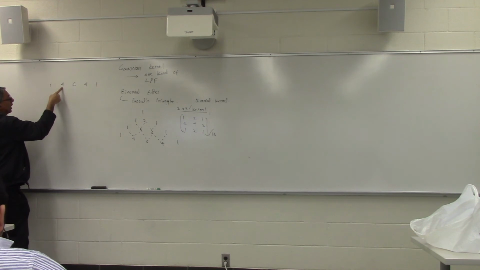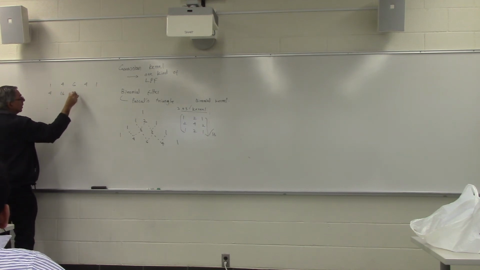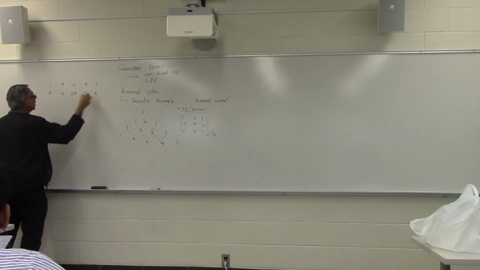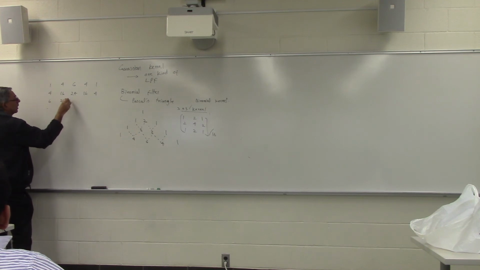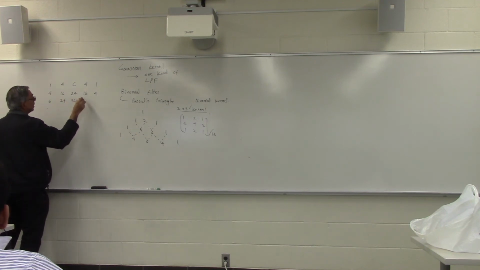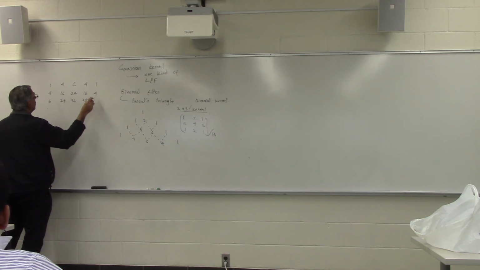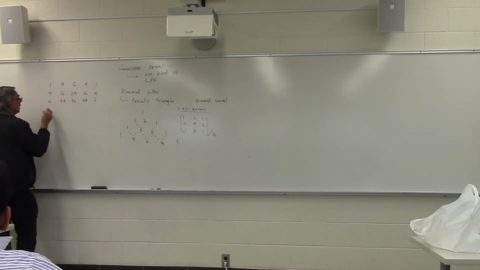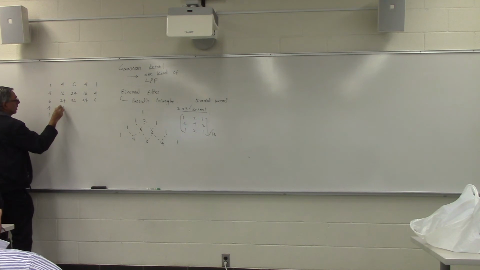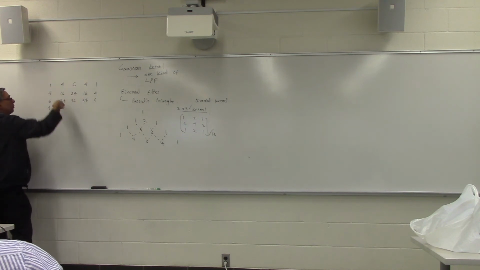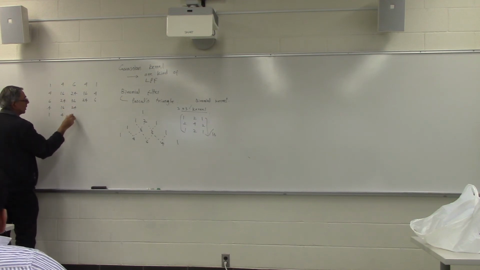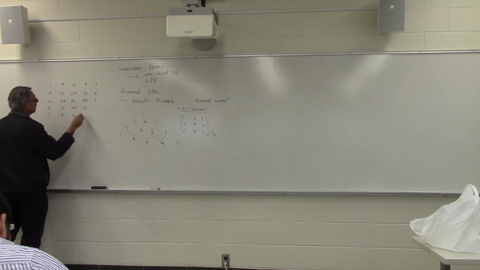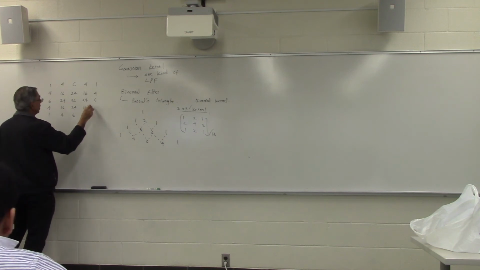Then we multiply this by 4: 4, 16, 24, 16, 4. Then we multiply the same row by 6: 6, 24, 36, 24, 6. Then we just basically mirror it.